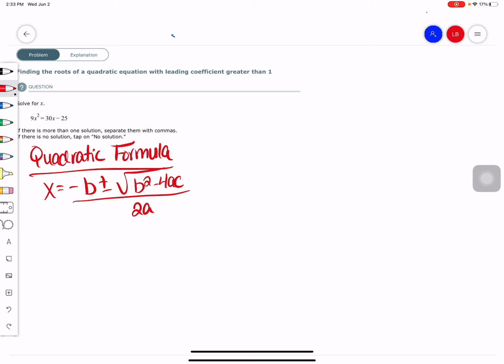Now, to use this great formula that will always give us a precise answer, we have to first know what a, b, and c is within our quadratic equation that's provided. So here's my equation. I have 9x squared is equal to 30x minus 25. Before I can use the quadratic formula, I have to first get this equation in standard form.